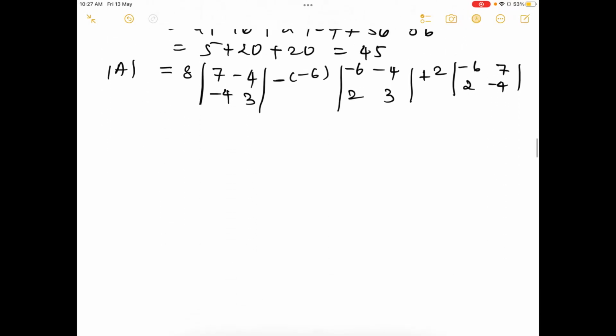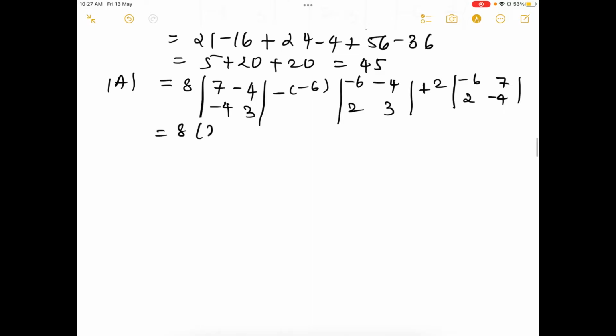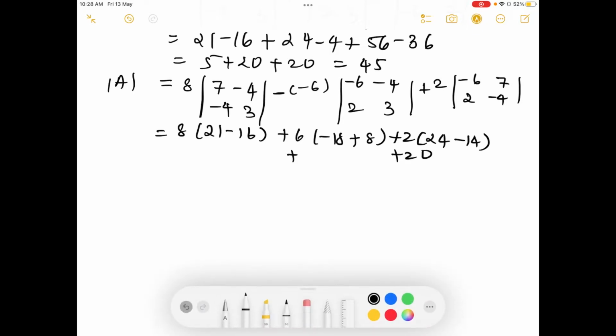So when we calculate it, we get 8 times (21 minus 16), plus 6 times (minus 18 plus 8), plus 2 times (24 minus 14). This is plus 20, this is going to be minus 60, and this is 21 minus 16 is 5, 8 5s are 40. So this is going to give us 0.